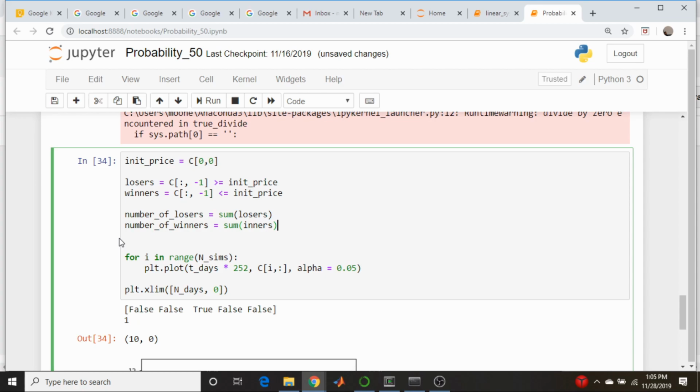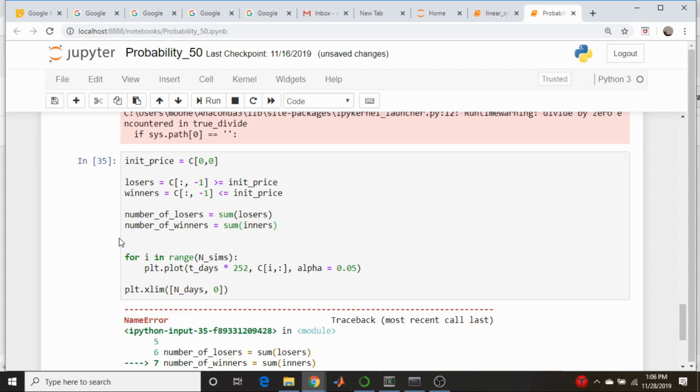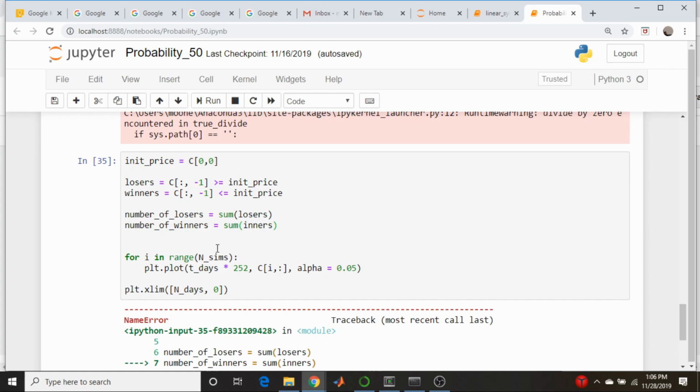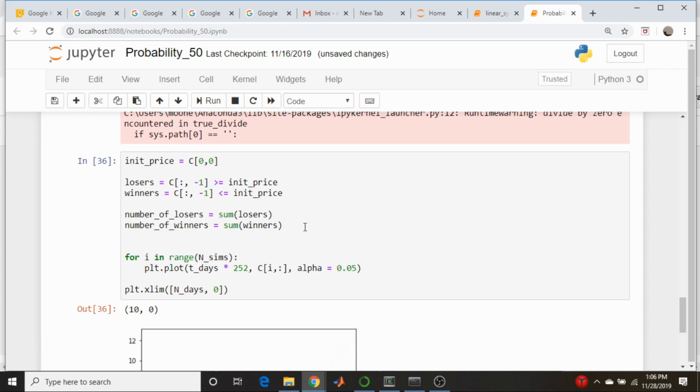There we go. Let's just run that. Of course, I have a typo. What did I do wrong here? Oh, I spelled winners wrong. Come on. Winners. There we go.